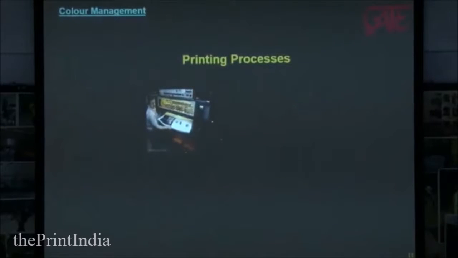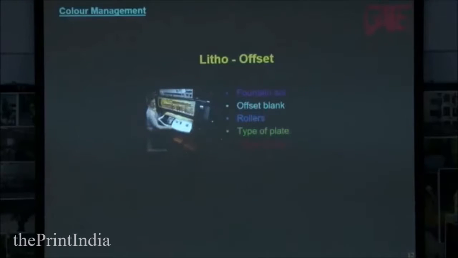Only the pre-press man doesn't control the machine. The machine man has to control the machine. He has to set it right. Actual color comes out from there. So we have a variety of printing processes: litho, offset, letterpress, flexography, gravure, screen process, digital printing. And each process has a variety of variables.